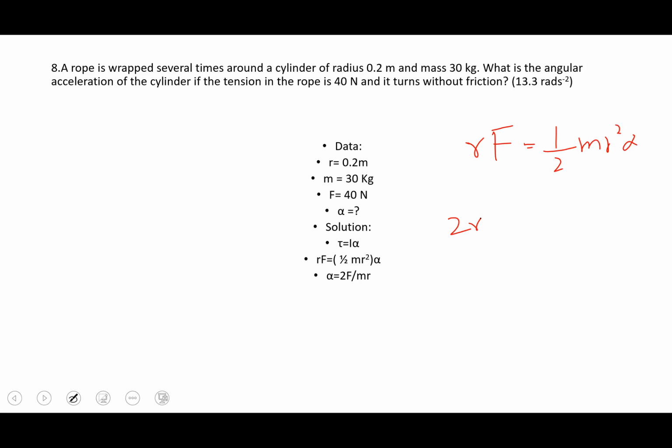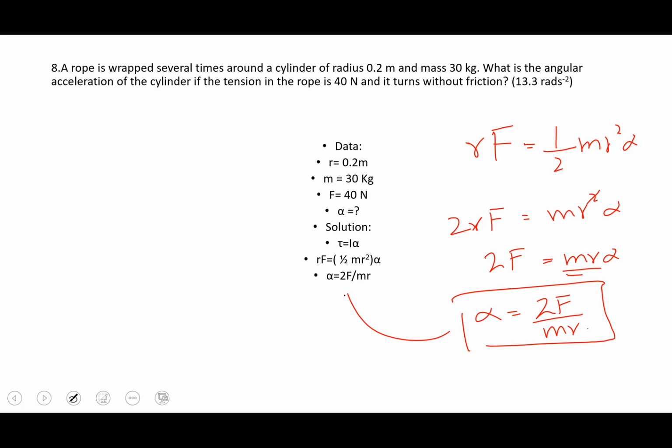This 2 goes over there, so Fr is equal to mr square alpha. One r cancels with here, so it will be 2F is equal to mr alpha. Both mr go to the side and divide, so alpha will be equal to 2F divided by mr, and this is how we got this answer.